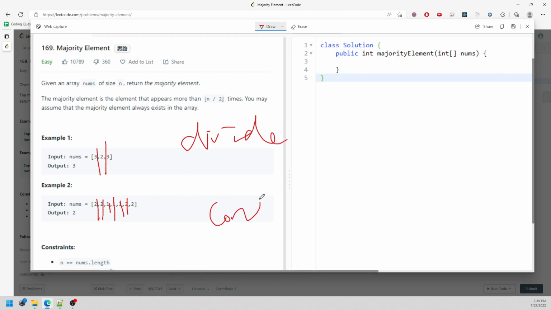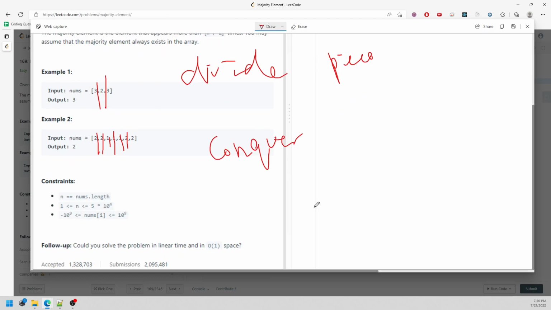Divide and conquer is actually two functions. Divide means that you divide piece by piece. Conquer means that you find the most frequent number in the target.